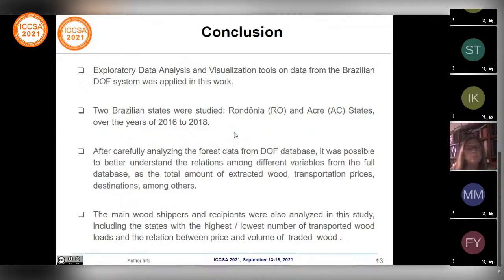The main wood shippers and recipients were also analyzed in this study, including the state with the highest and lowest number of transported wood loads and the relation between price and value of the traded wood. Thank you.